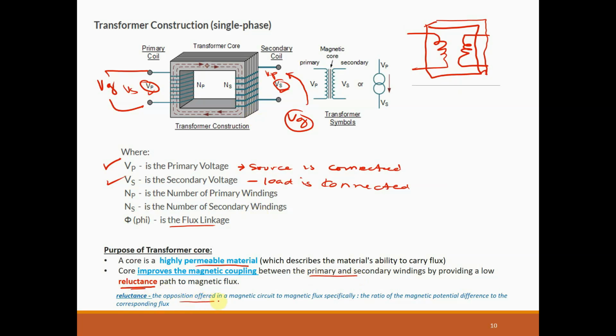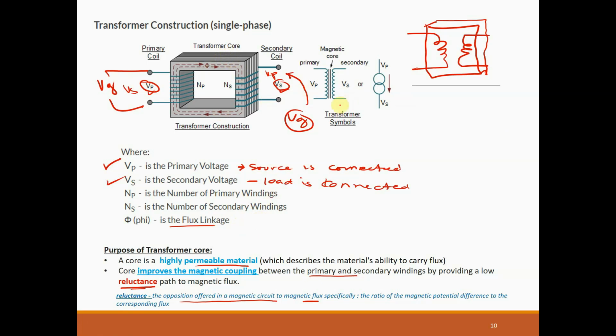Reluctance is the opposition offered in the magnetic circuit to magnetic flux. So it's just like a resistance. Reluctance resists the flow of the flux, so to improve the movement of the flux, we have to use a transformer core.